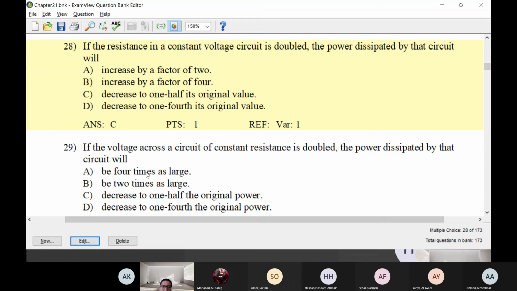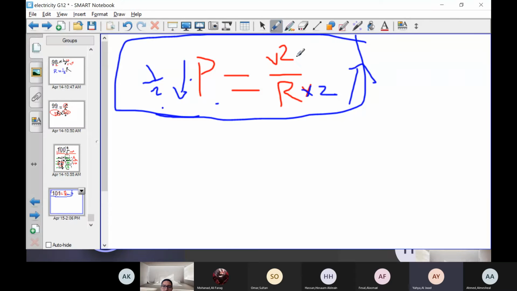Yahya, let's come to read this question. If the voltage across a circuit of constant resistance is doubled, the power dissipated by that circuit will decrease? No, times 2. Let me indicate it for you. Constant resistance. Yes, okay. What happened? We double the voltage.